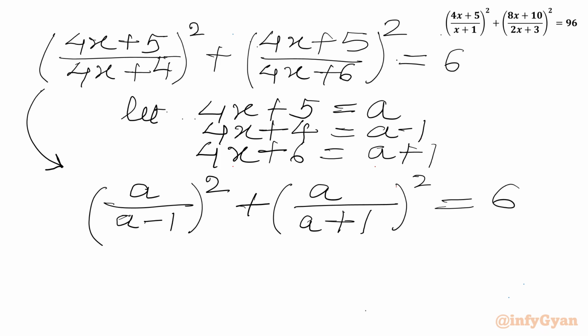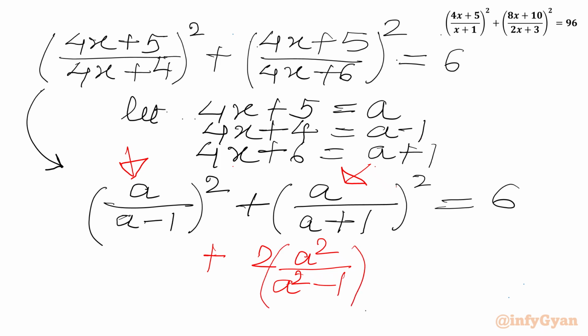Now I will add both sides 2 times the product of these two brackets. So I can write a over a minus 1 times a over a plus 1, which will be equal to a square over a square minus 1. So we will add in the RHS also 2 times a square over a square minus 1.